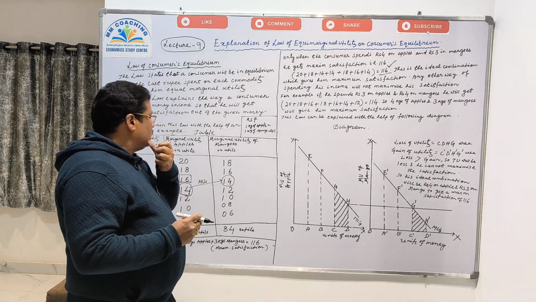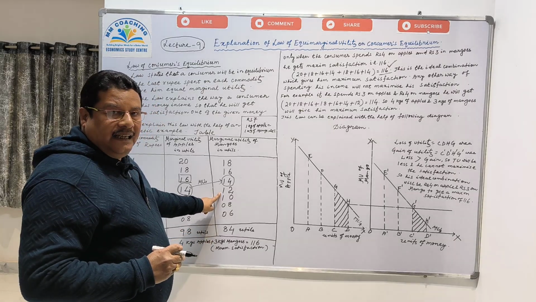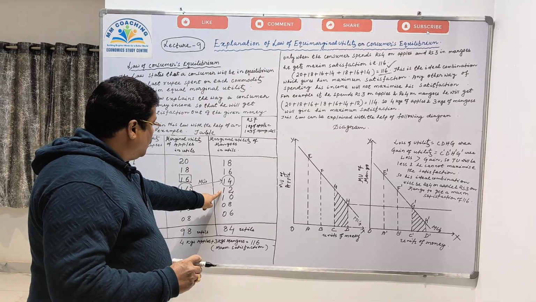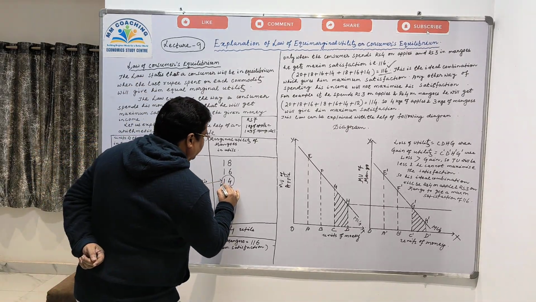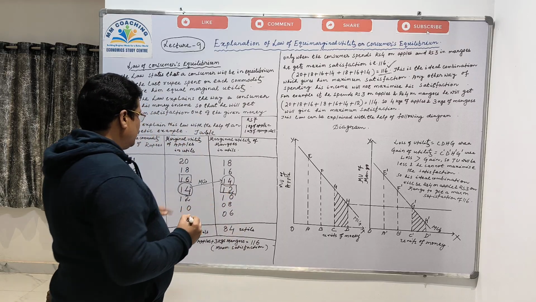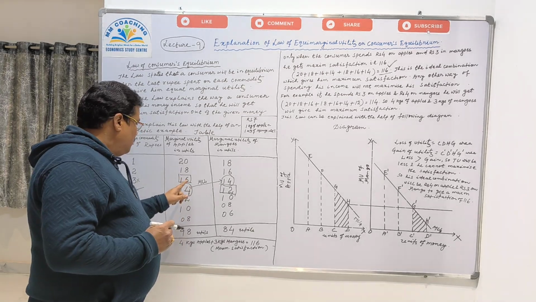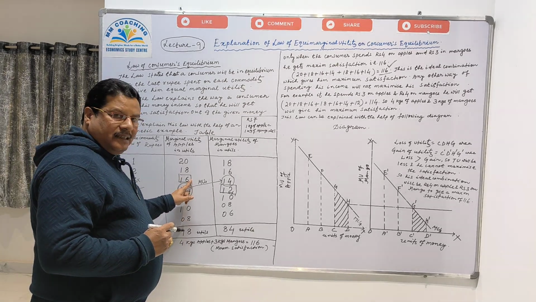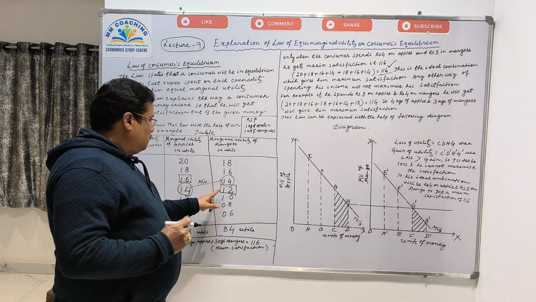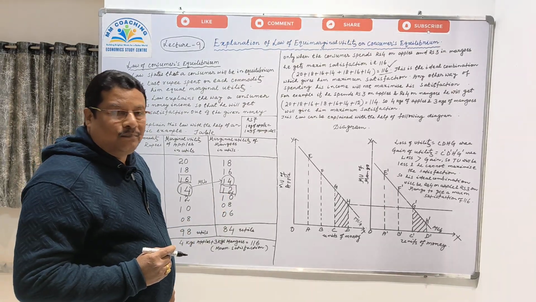So what is the marginal utility in the last rupee on mangoes? That is 12. So in the last rupee of apple, marginal utility is 16, but in the last rupee of mango, marginal utility is 12.